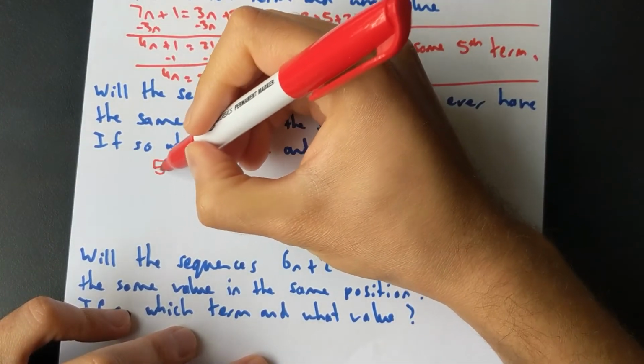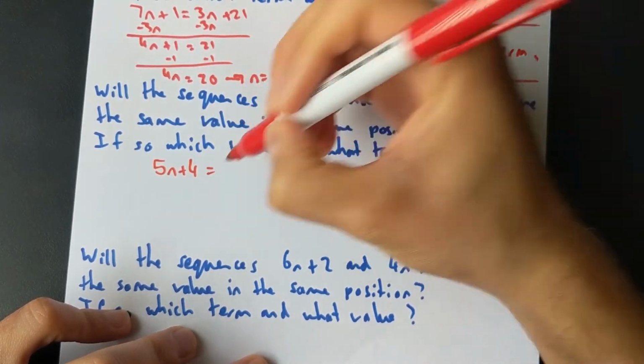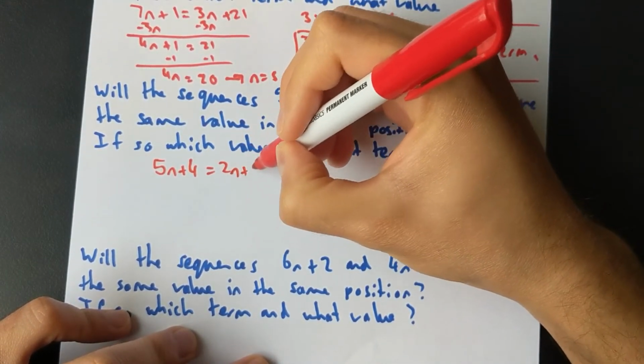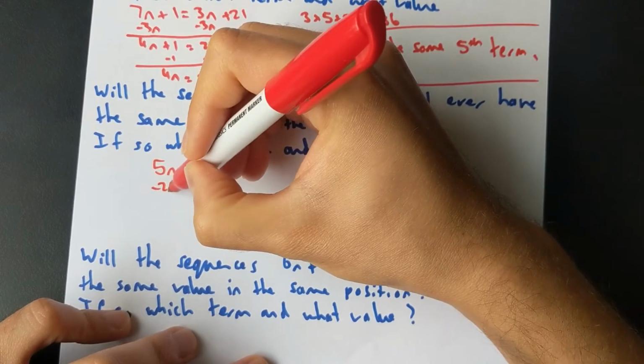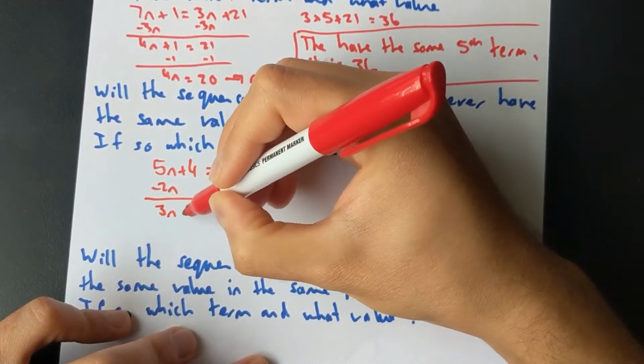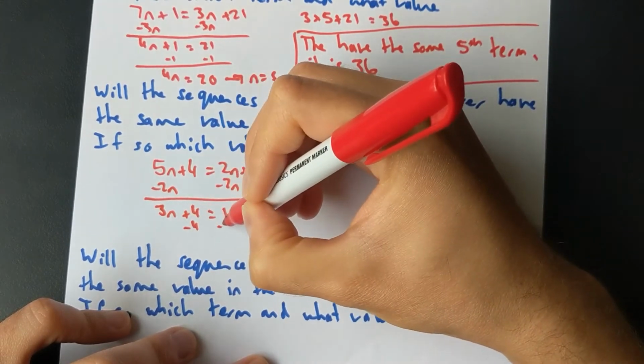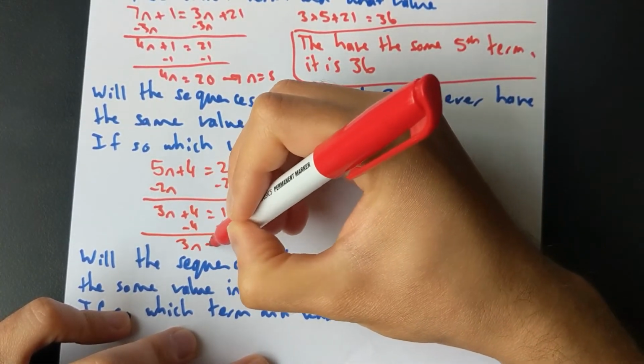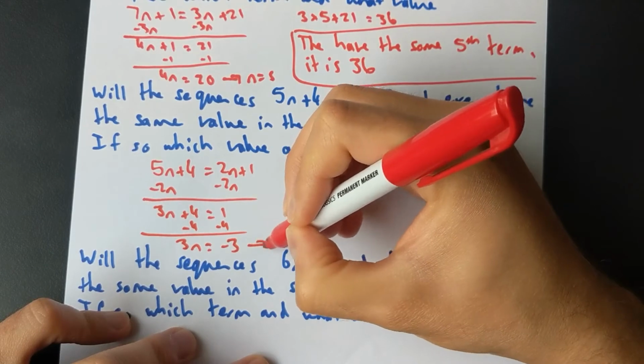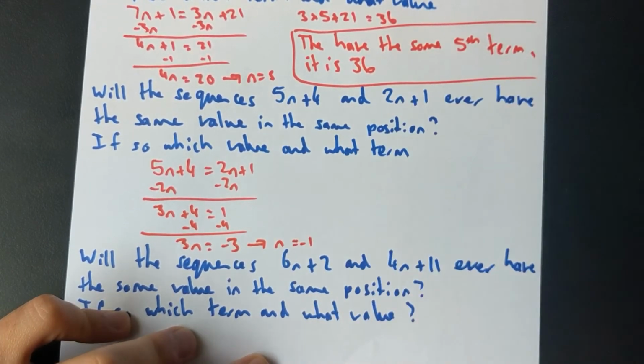So 5n plus 4 is equal to 2n plus 1. Well, I have to take away the 2n first to get 3n plus 4 is equal to 1. If I take away the 4, I get 3n is equal to negative 3, which means n is equal to negative 1.